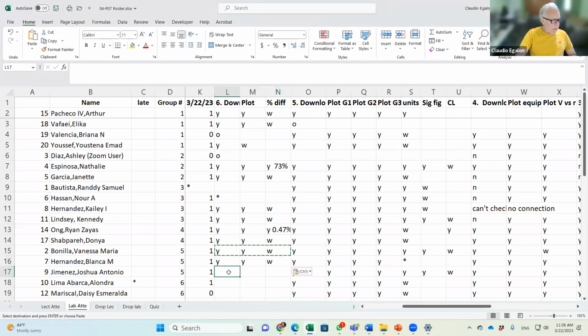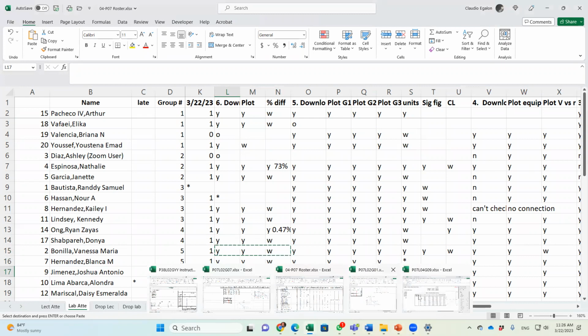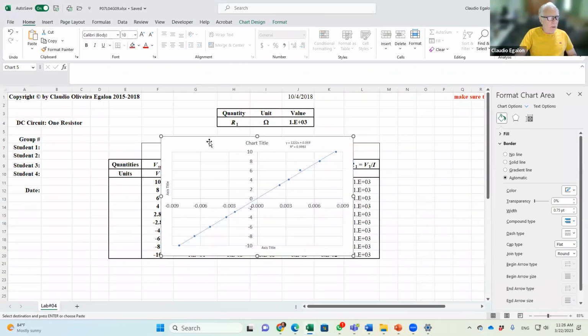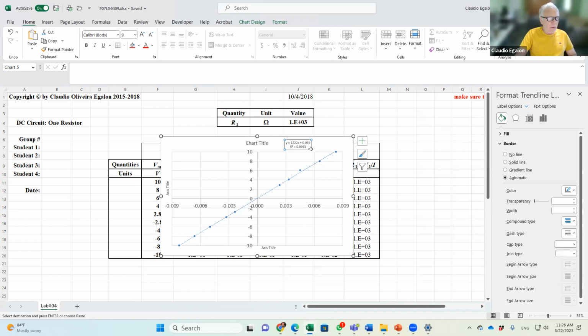Thank you. Professor, could you go over actually finding the percentage difference? I think I'm kind of lost. Please, thank you. Let's see, here you go. Okay, so you plotted the graph, right, Elika? Yes, I did. Did you get the regression curve? I did. Equation? Yeah. Okay, you get the slope.